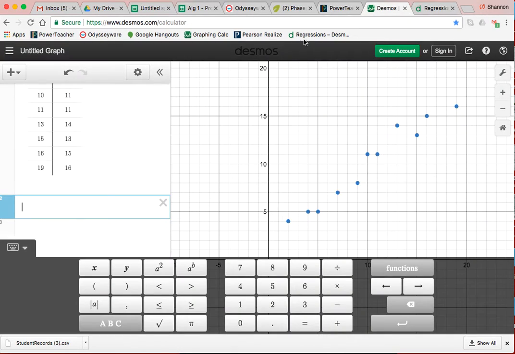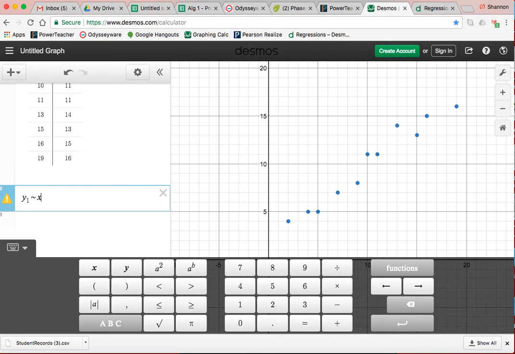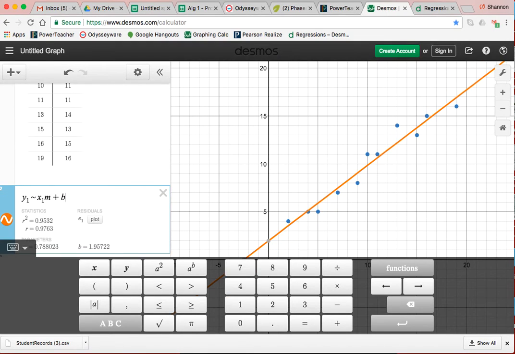So in this line down here, I'm going to type y, this little sub 1, and then you have to hit over so that your cursor goes out of the subspace, a tilde, x sub 1, m plus b.